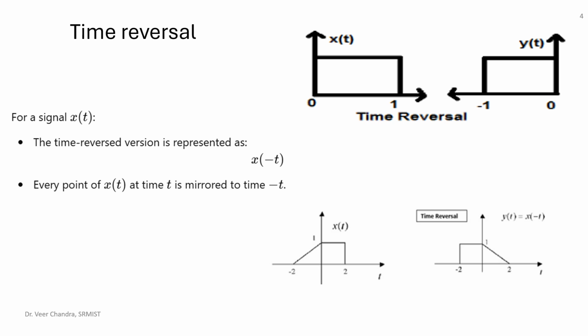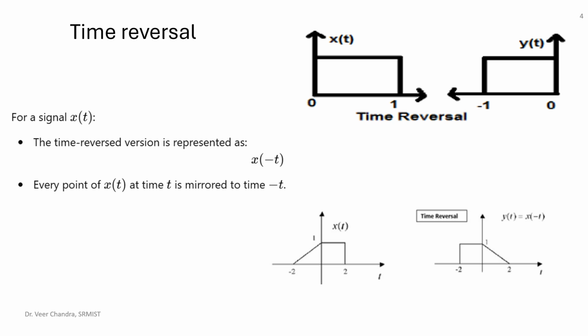Just take the mirror image along the y-axis, and we get the time reverse of the signal. For example, in the first graph, x of t is reversed along the y-axis, and you can see both of them are mirror images of each other.